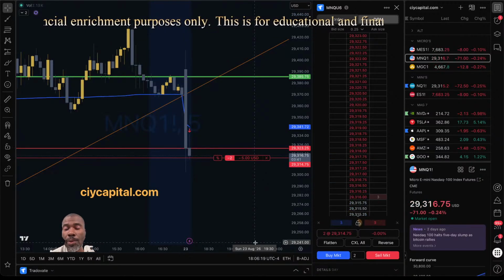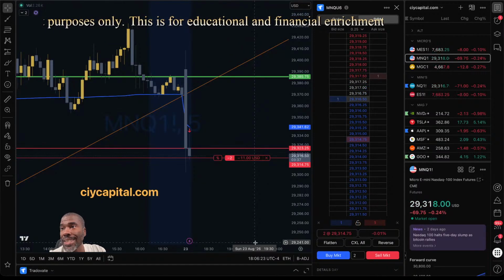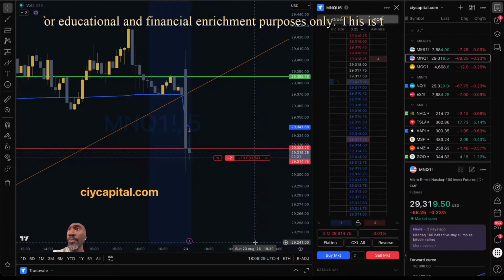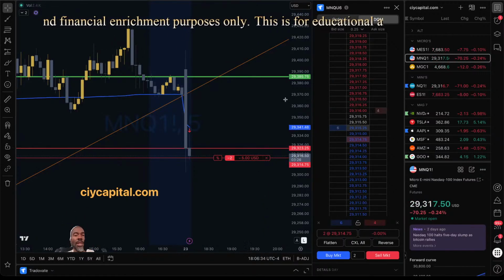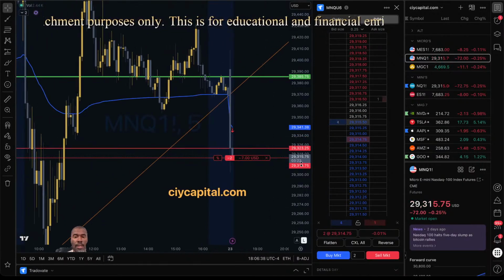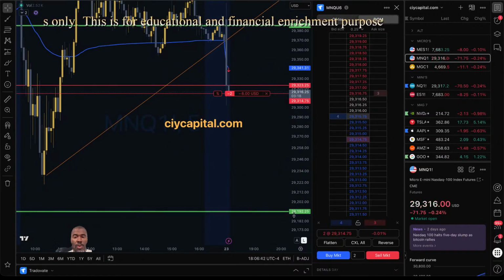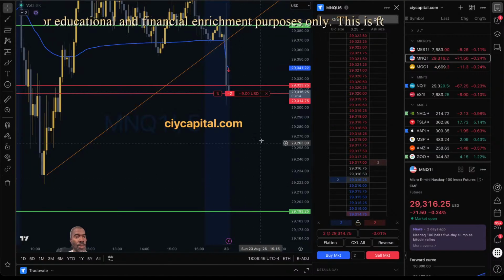Stop filled. All right, we're in shorts to the downside. So let's take a gauge of where we can possibly go to the downside. We do have a nice support level at 29,192.